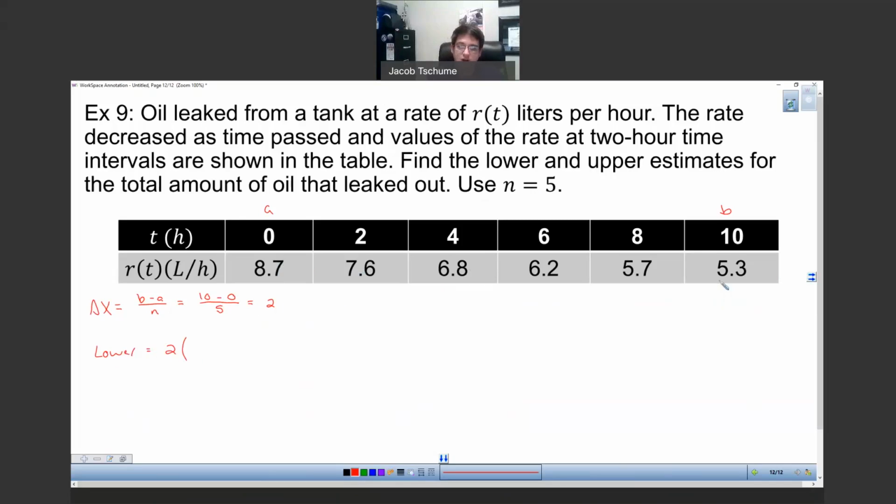So if I start at 5.3 and I go to the left in 2-hour increments until I get 5 measurements, it will be 5.3, 5.7, 6.2, 6.8, and 7.6. And I'm going to add all of those numbers together.